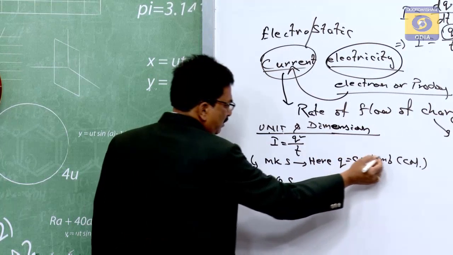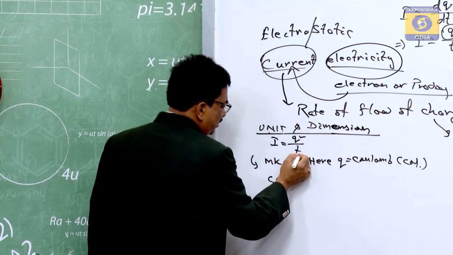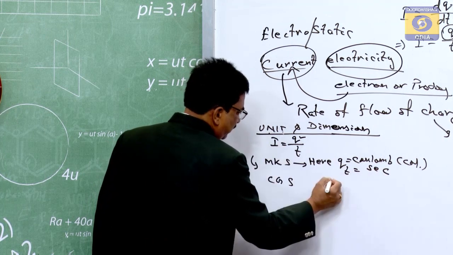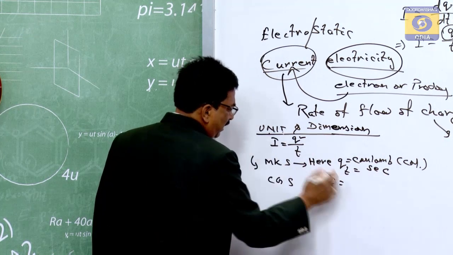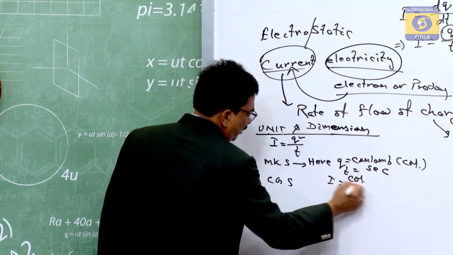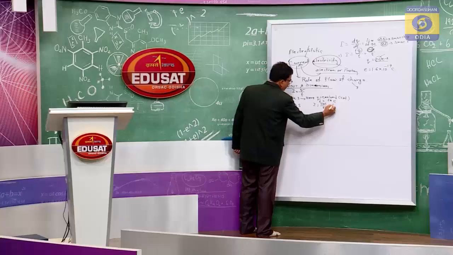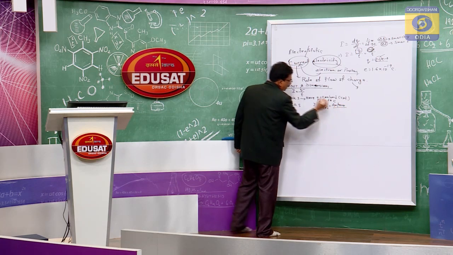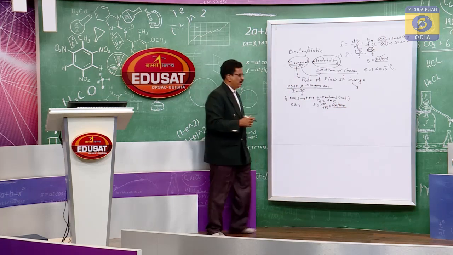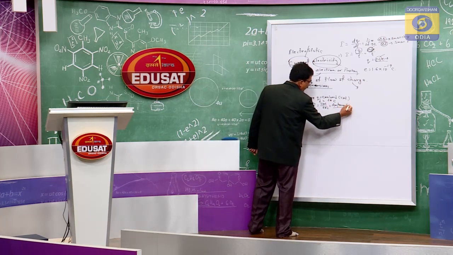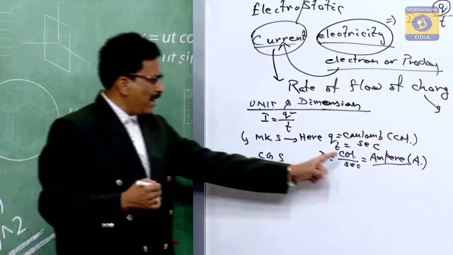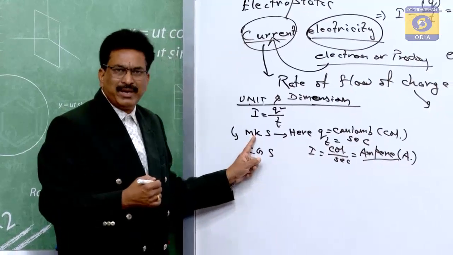So, if Q is the coulomb and the second factor is the time, which is the second, then the unit is I equal to coulomb by second, and this coulomb by second has a definite name, called the ampere, represented by the symbol capital A. So, this is for the MKS.